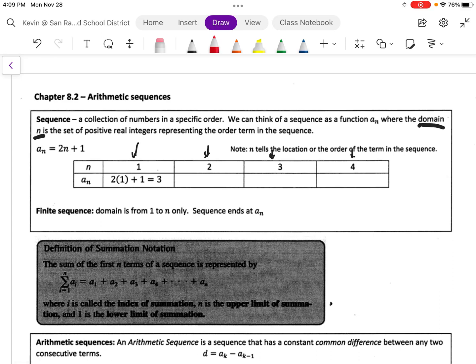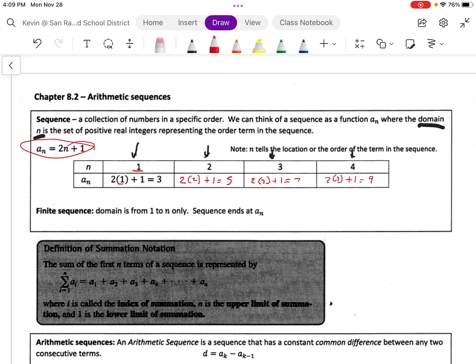If we look at this as being our function, a sub n equals 2n plus 1, then we plug in each of the terms for n. So it would be 2 times 1 plus 1, which is 3, 2 times 2 plus 1 equals 5, 2 times 3 plus 1 equals 7, 2 times 4 plus 1 equals 9.